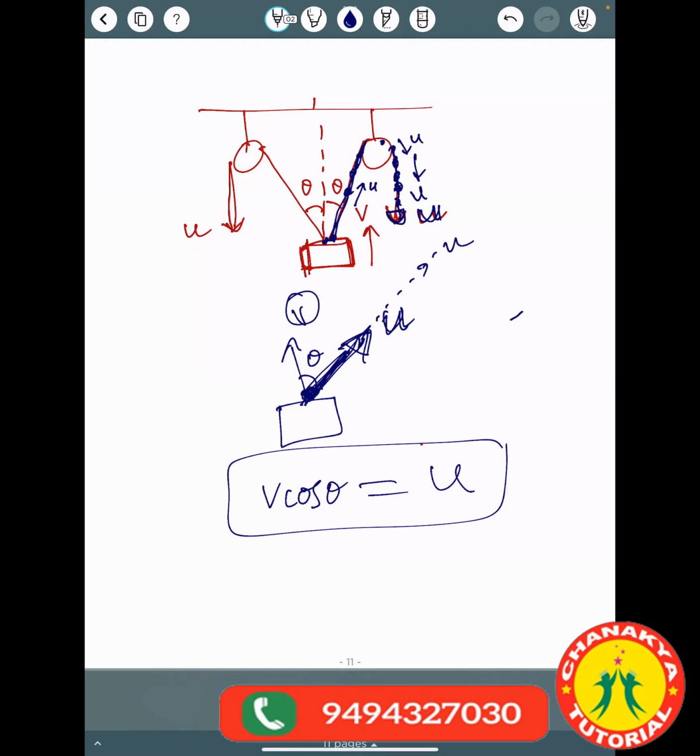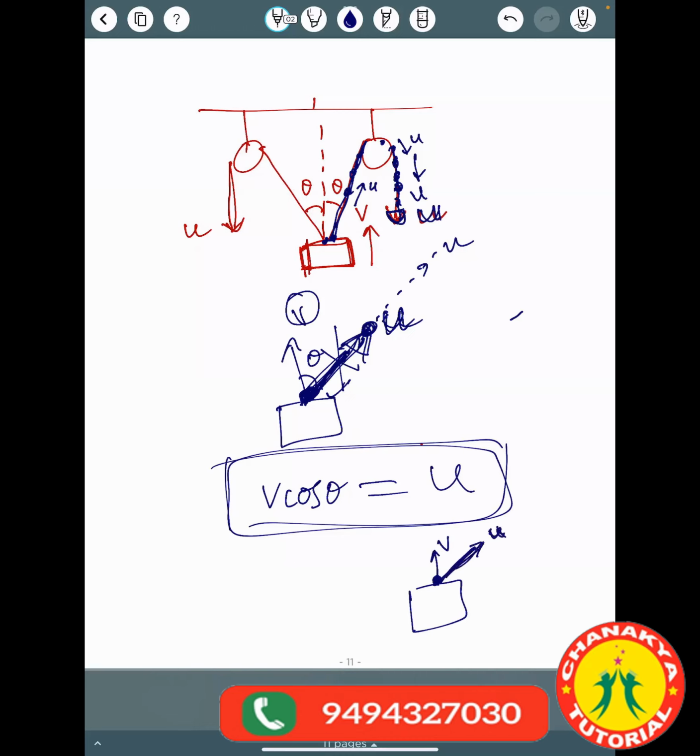Otherwise, this point is moving with a different speed and that point is moving with a different speed. That means the string will break. If these two are not equal, then the string will break. What I'm checking is, the point where the string is touching the block is moving with V up, and the string is moving here with U, correct?